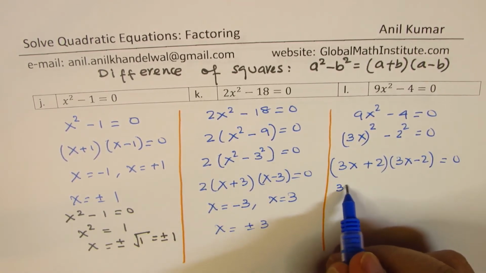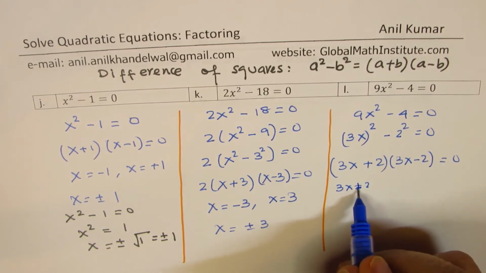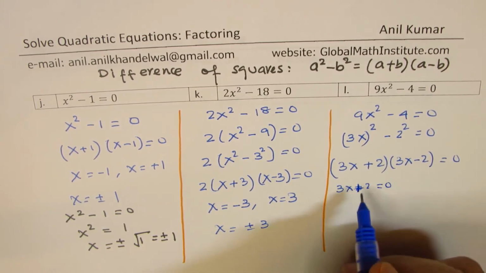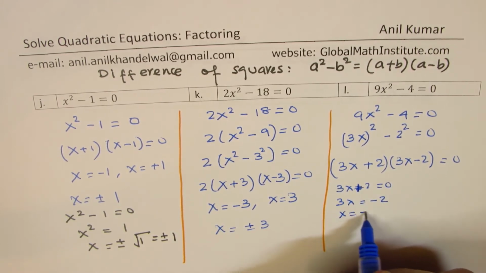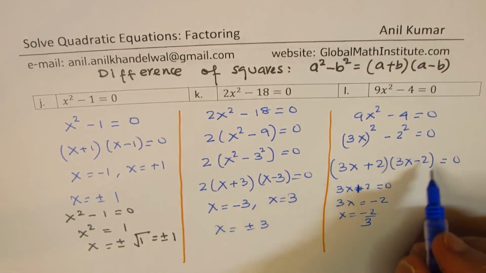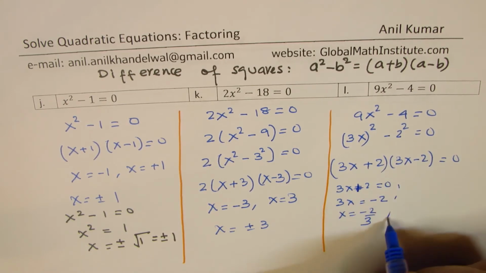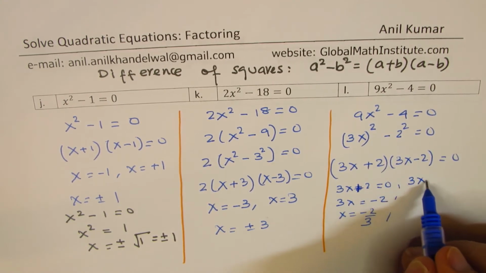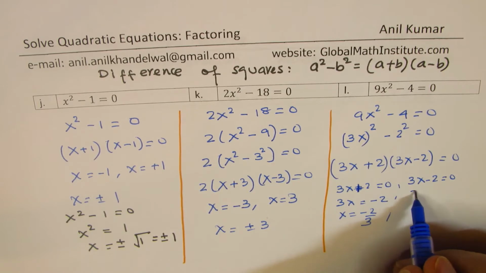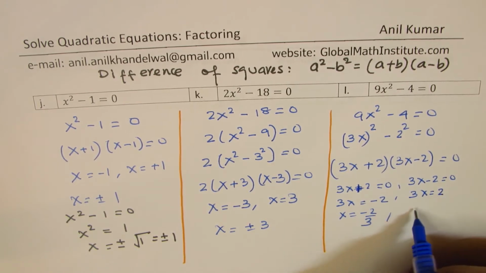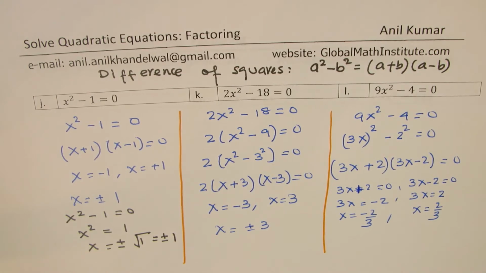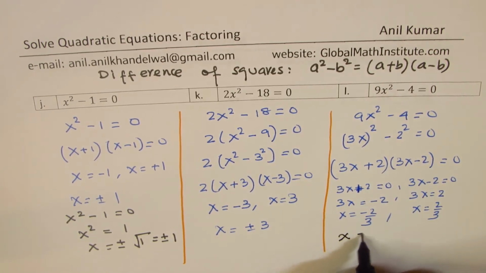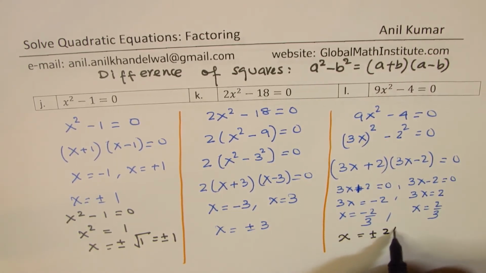Now, if 3x plus 2 equals to 0, then 3x equals to minus 2, or x is equals to minus 2 over 3, right? On the other hand, we have 3x minus 2 equals to 0. That means 3x equals to 2, or x is equals to 2 over 3. So we have two solutions here, and the solutions are that x equals to plus minus 2 over 3.